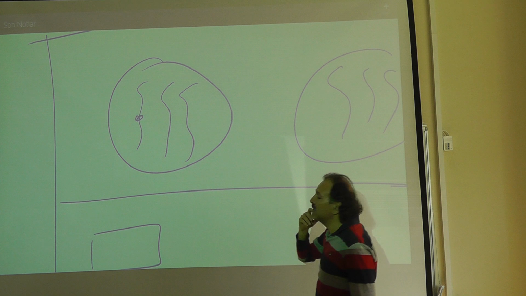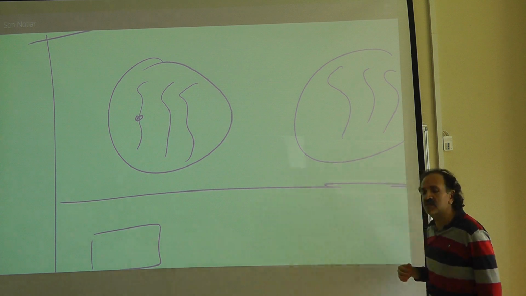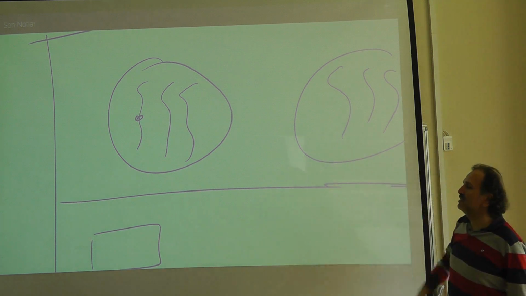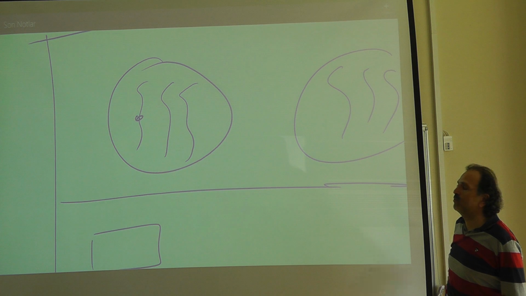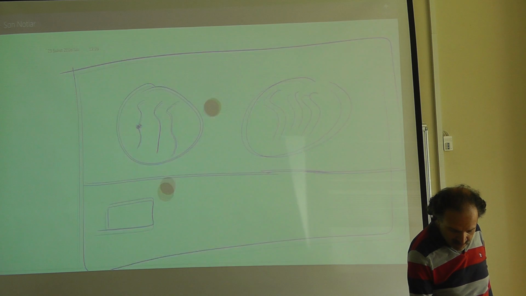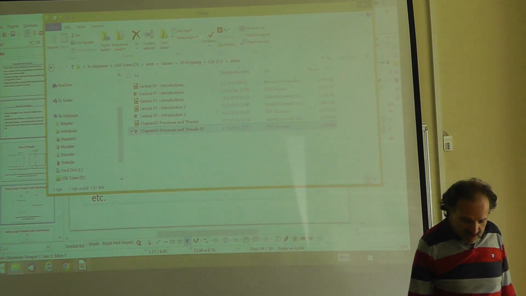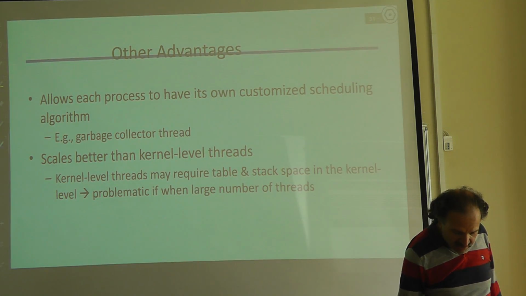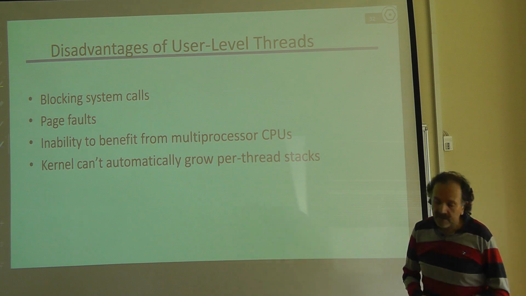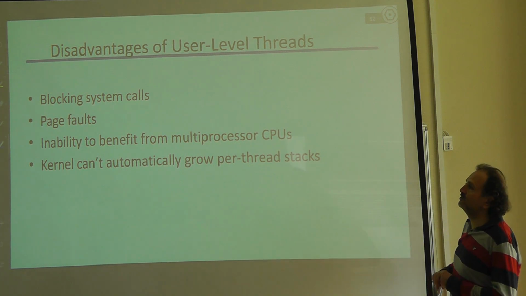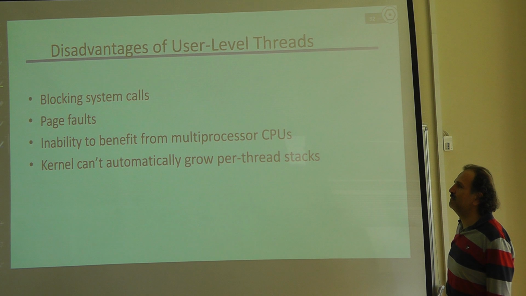That's something bad. So getting help from the operating system is important. In this case, while we are trying to get help from the operating system, it is working against us. That's one of the problems with user level threads. Blocking system calls is the main problem.